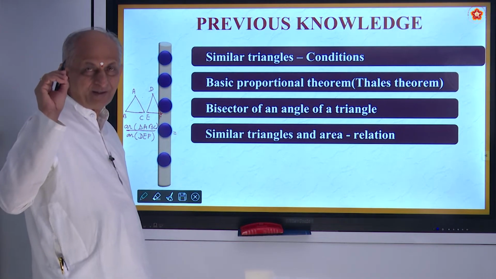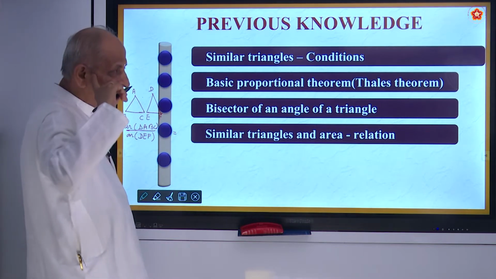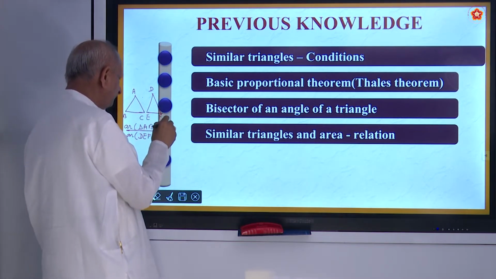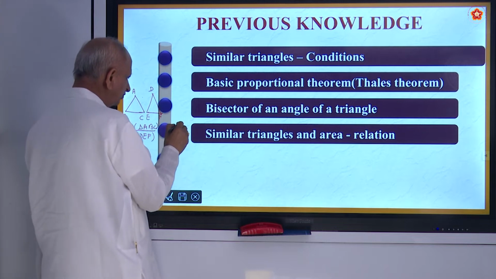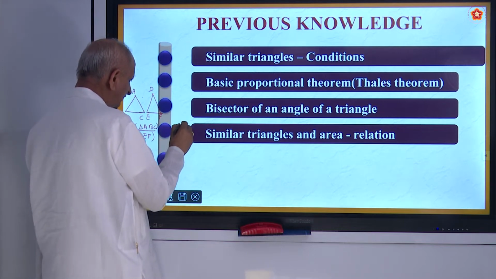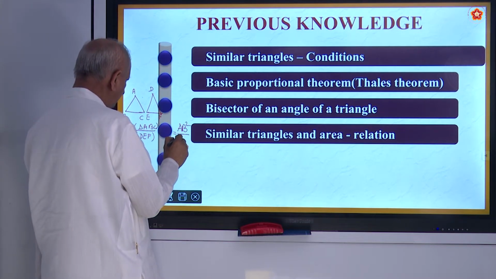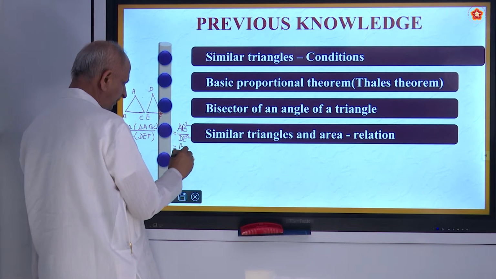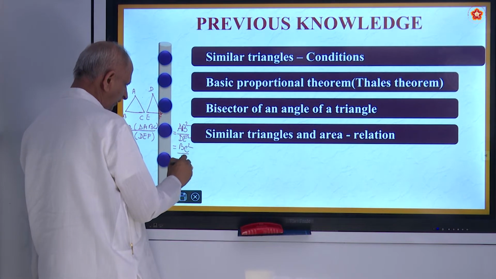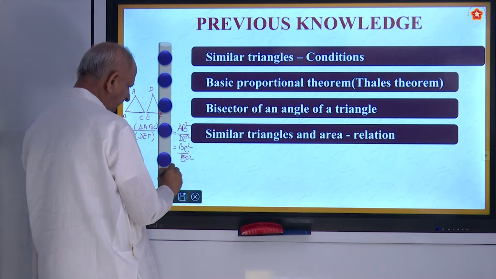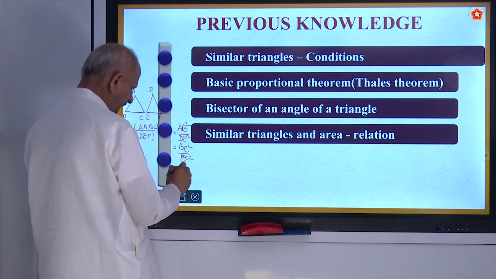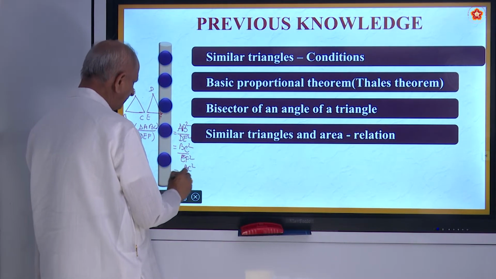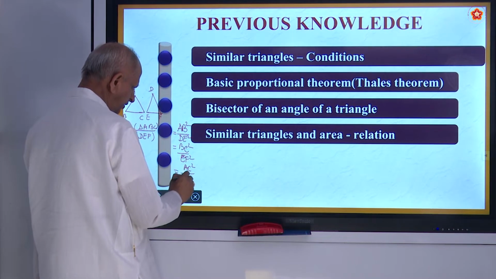the squares of the corresponding sides. Say AB square by DE square, also equal to BC square by EF square, they are the corresponding sides, also equal to AC square by DF square.